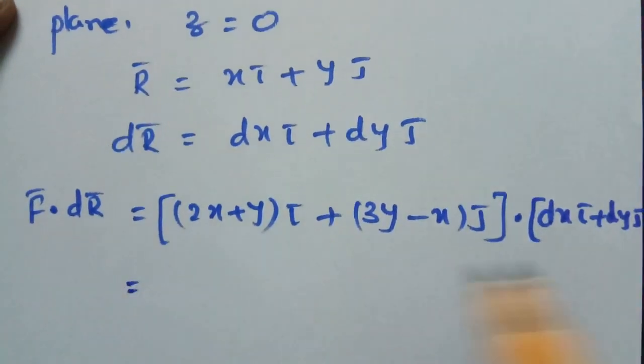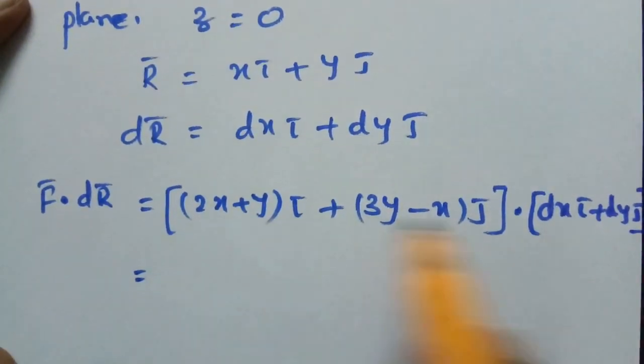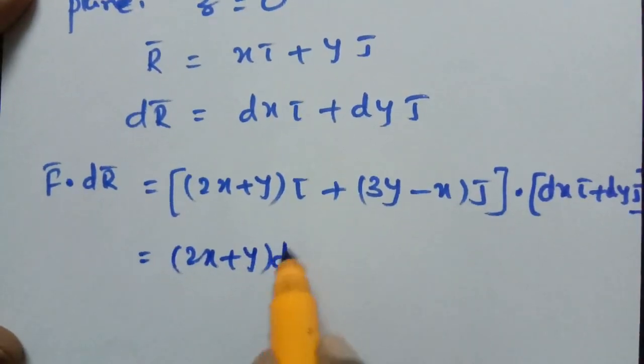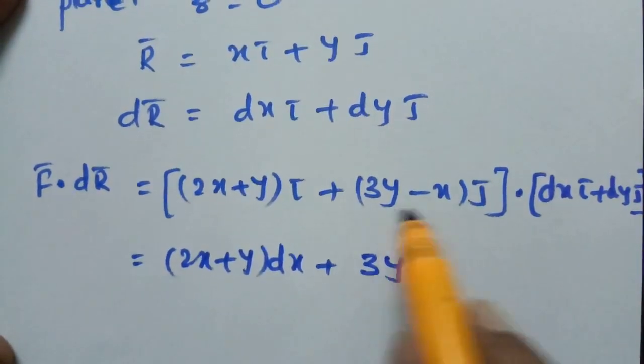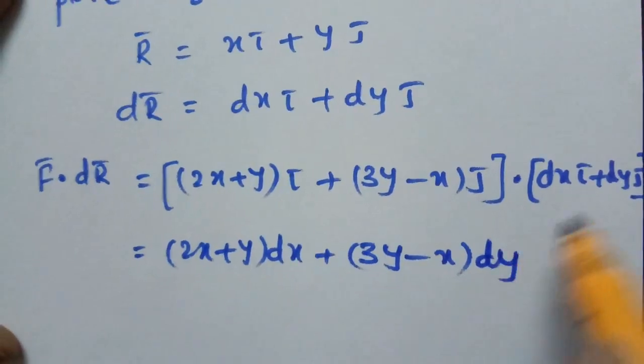Therefore, this is equal to i bar dot i bar is 1, so 2x plus y into dx, j bar dot j bar is 1, so 3y minus x into dy.